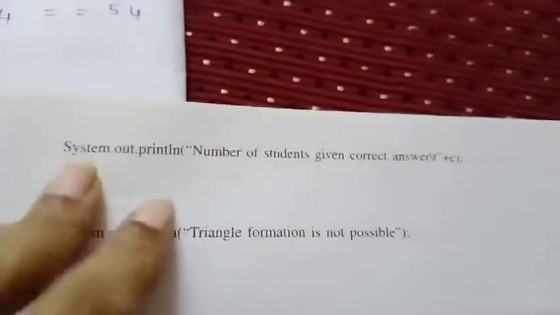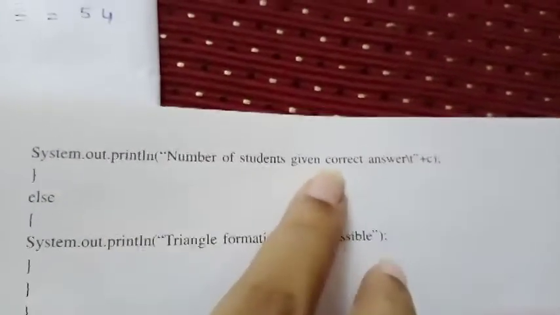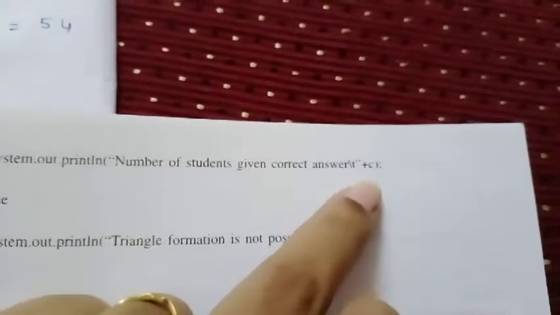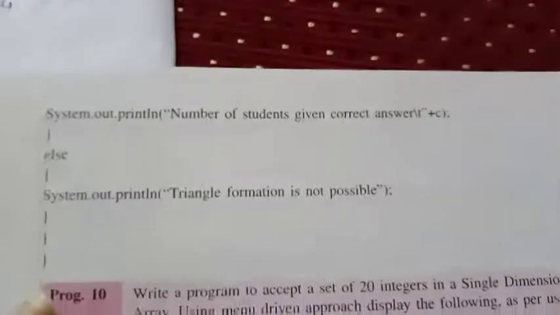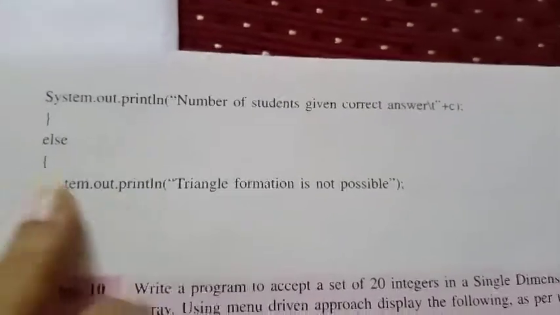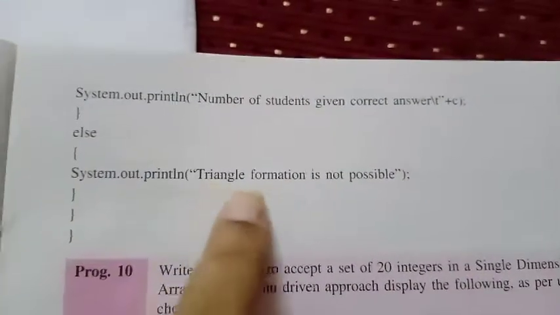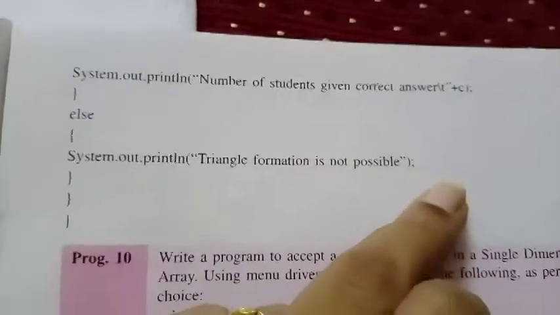See here, after this loop we are printing with System.out.println, number of students given the correct answer is plus C. So C will be holding the count of how many students entered the correct answer, and if you display that you will get the number of students who have said the correct answer. If none of the students have said the correct answer, it means triangle formation is not possible.